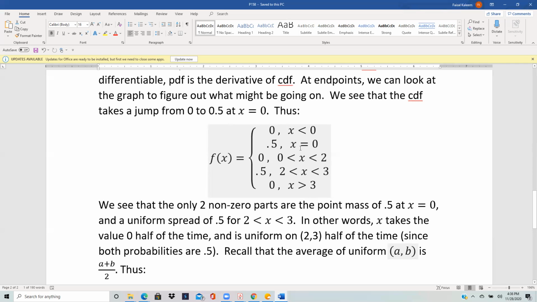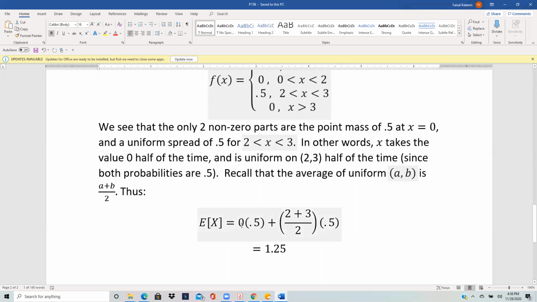So x is 0 with probability 0.5, since that's a discrete situation. So there, remember the eventual goal is to find the expected value of x. So here, when you multiply the x value times the f of x value, this is just 0 multiplied by 0.5. So in the expected value, this contributes as 0 times 0.5.